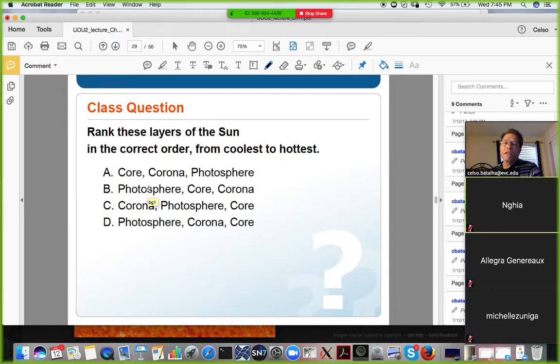Chromosphere, it depends. It goes from 4,000 all the way to 10,000 Kelvin, but depending on which line you look at, you could be talking about 8,000 Kelvin. So I would say photosphere, chromosphere, and corona would be the order. The hottest certainly is corona. I don't know where this is, but it's photosphere, chromosphere, and corona.